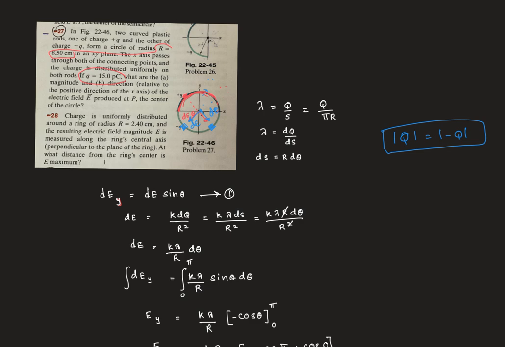Now, as a result, the blue arrows that you are looking at, representing the dEs, by symmetry, the x component of those electric fields cancel out and the y component is the only one that is remaining.